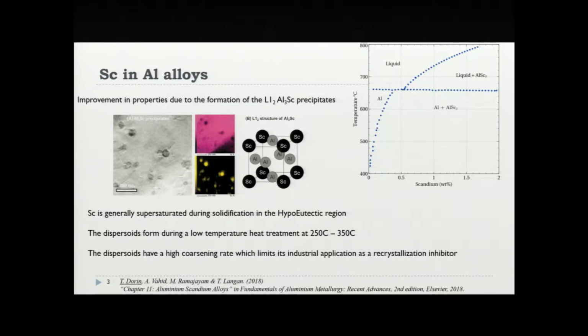Scandium is generally supersaturated in the ASCAS microstructure at traditional cooling rates encountered in DC casting, for example, especially if it's, of course, a hypoeutectic composition. And then you can form the scandium dispersoids during a fairly low temperature homogenization treatment. One of the disadvantages of these dispersoids is that they have quite a high coarsening rate.